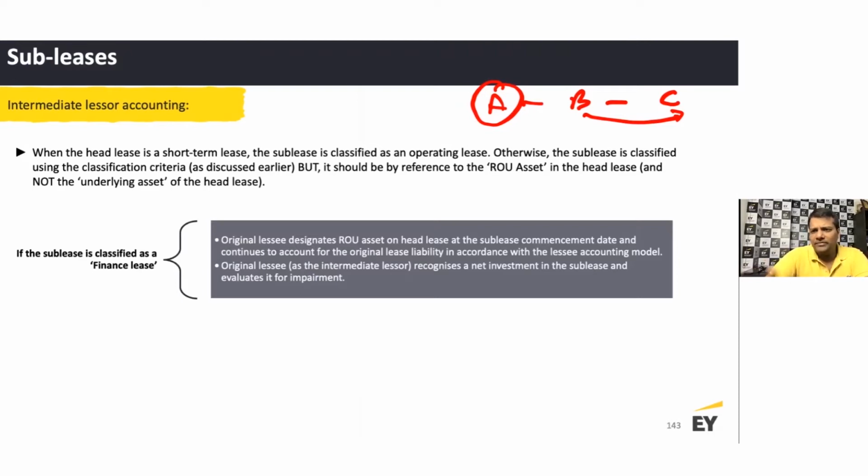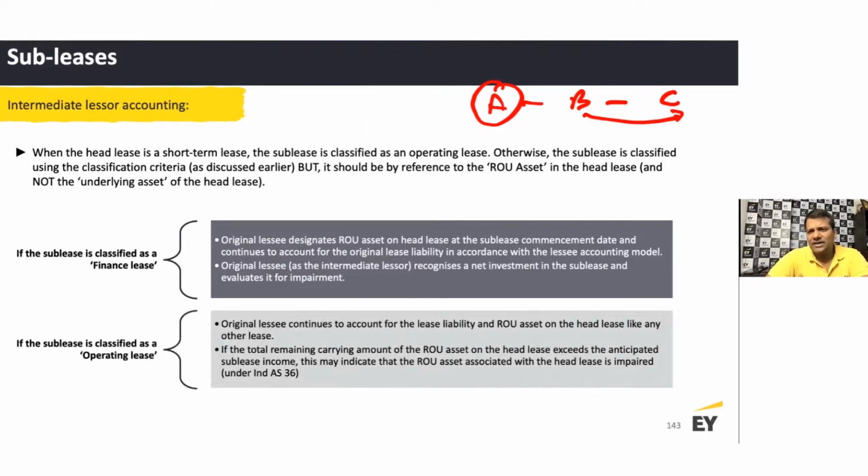You will also evaluate if there is any impairment loss or gain, because you have changed the character of the ROU asset to an investment in the lease, and there could be some potential gain or loss if it is a finance lease.